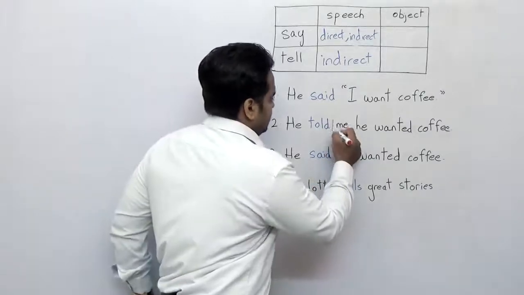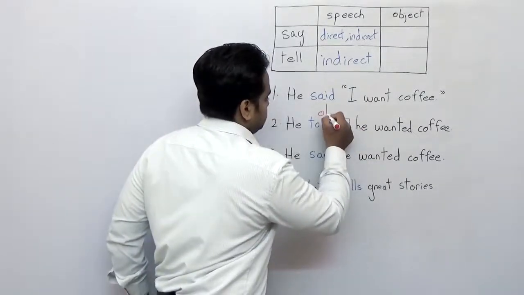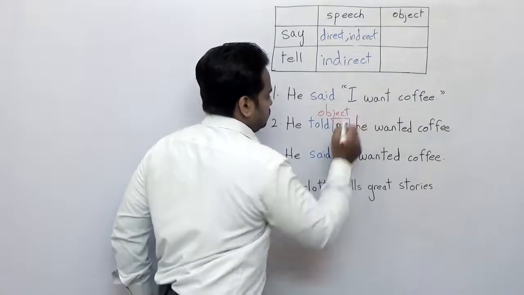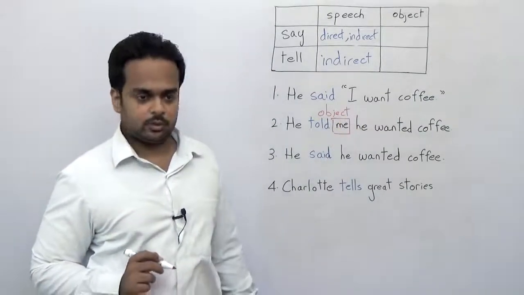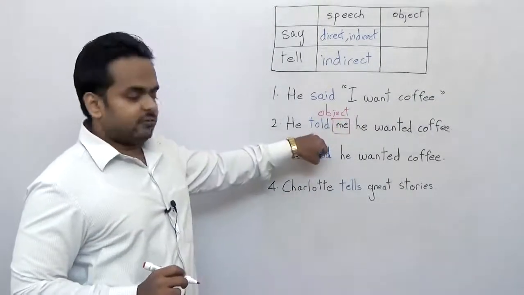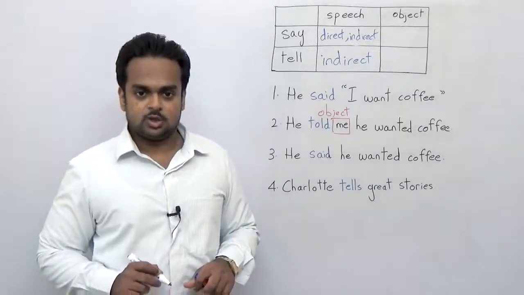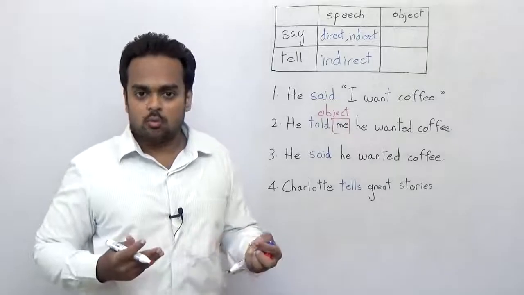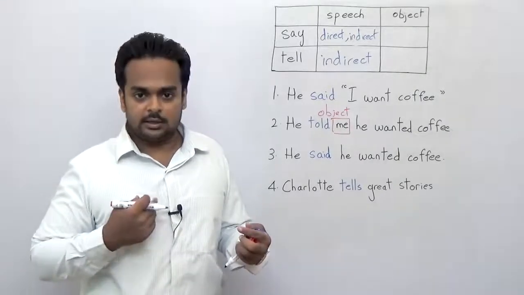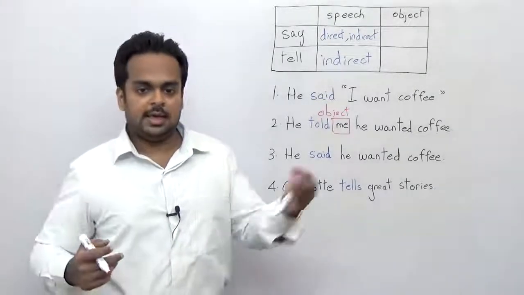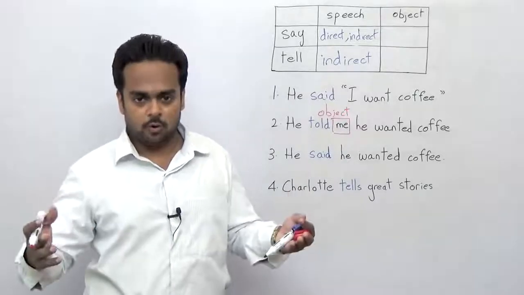This me is known as an object. Okay? If you're using the verb tell, you always need an object. So he told who that he wanted coffee. It can be me, it can be her, him, they, any noun or pronoun.